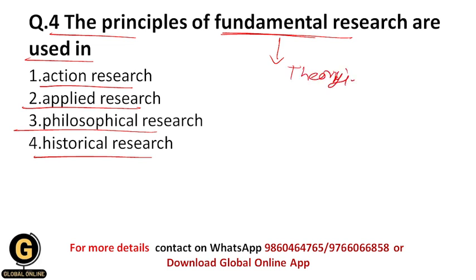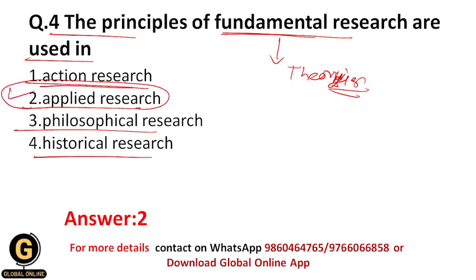And we also develop the principles or laws. So these principles or laws are used in which kind of research? Obviously we use the laws or principles in applied research to solve our problems, right? That's why the correct answer for this question is 2nd.